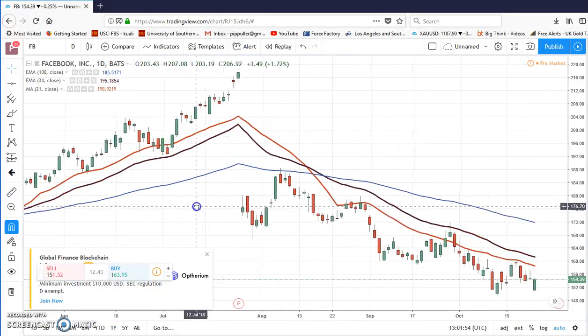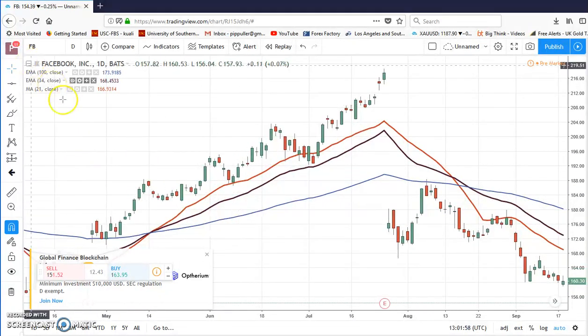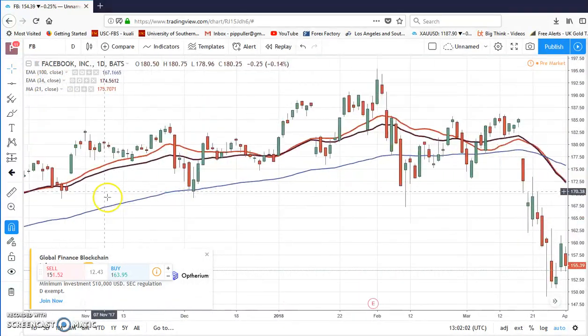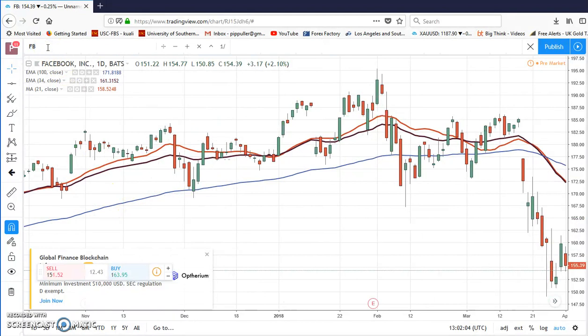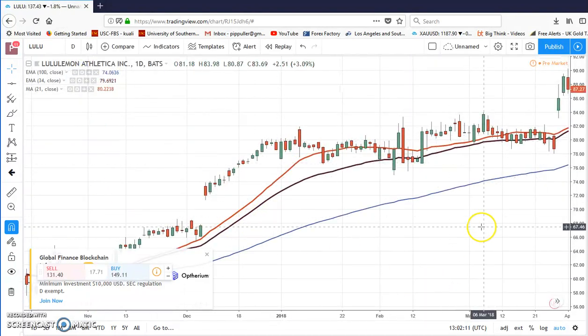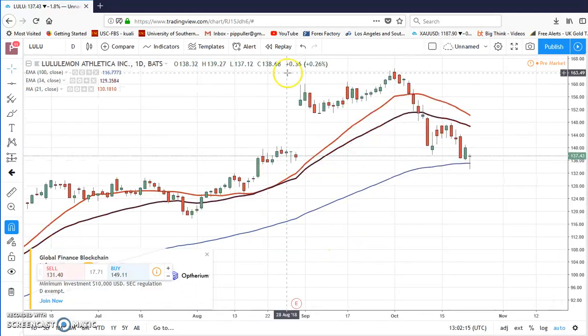I don't know if that's a stock split or what, but bad news about Facebook. So anyway, you can pick any stock you want. Let's say this is a popular stock now, but see what that looks like. So this is a very bullish stock. Oh, it pulled back down again.